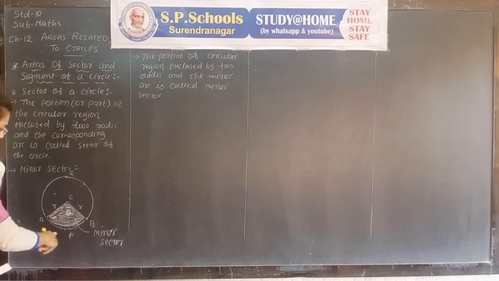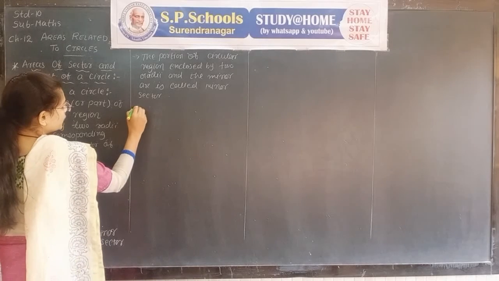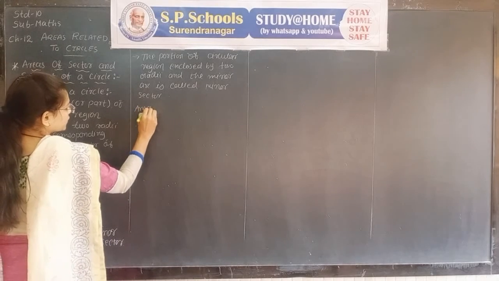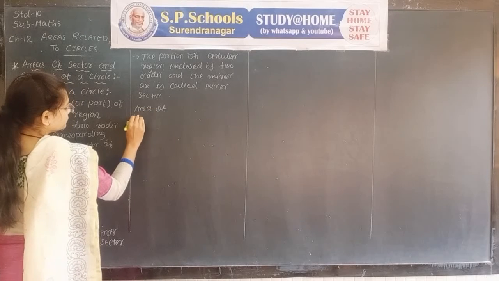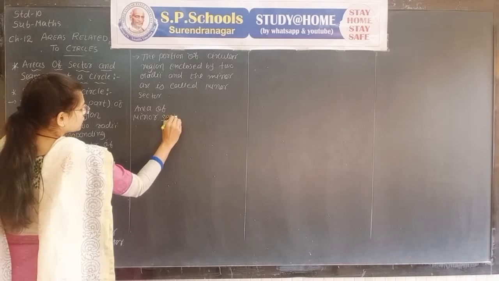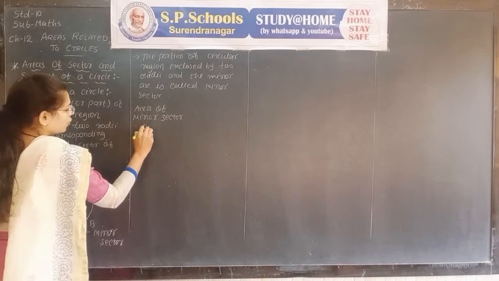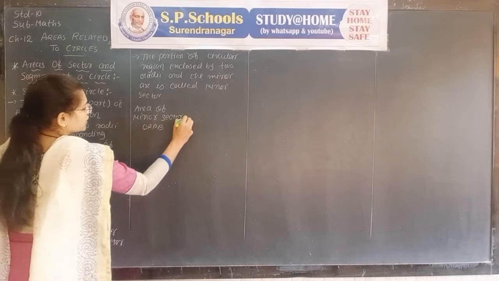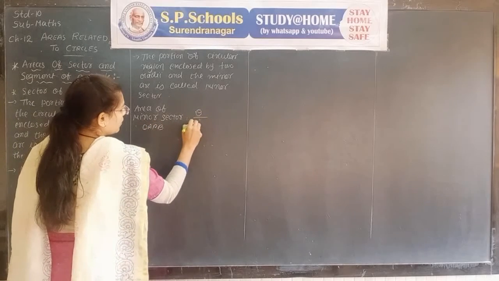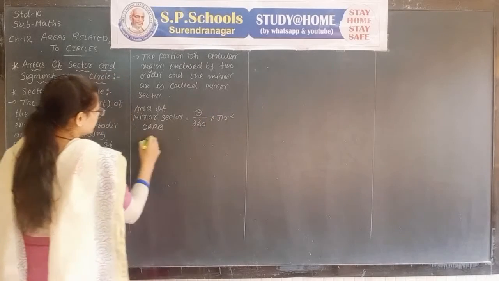In the figure, OAPB is the minor sector. Formula to find area of minor sector. Area of minor sector OAPB is equals to theta upon 360 into pi r square.